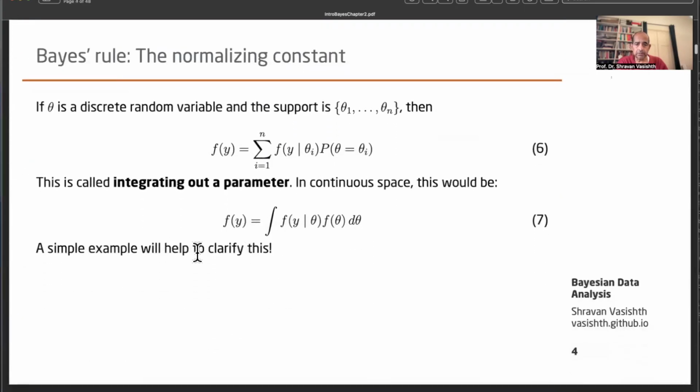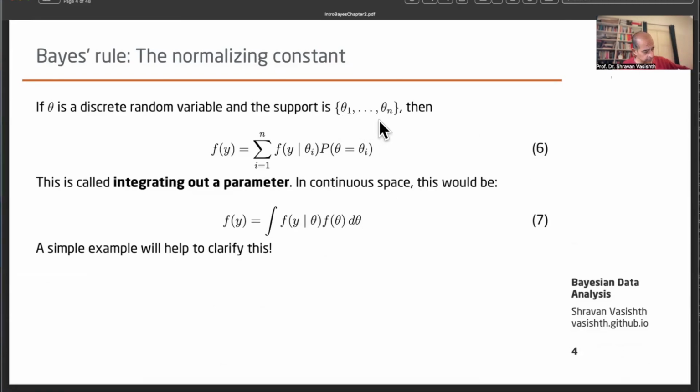The term I've written out here is basically just a continuous version of this statement in equation 6, because what I'm saying in equation 6 is that suppose we have a discrete distribution defined over the different possible values of theta. So let me illustrate what that means, okay?